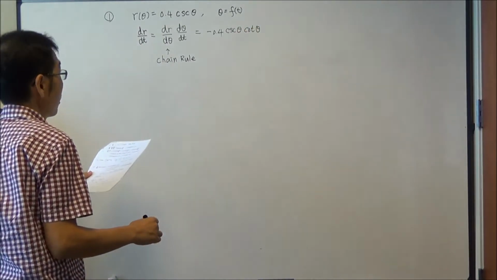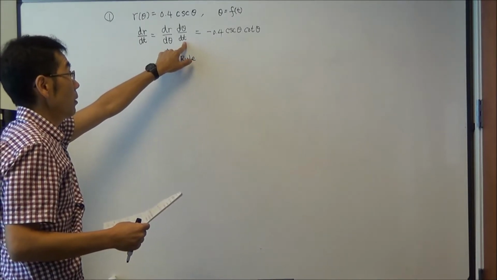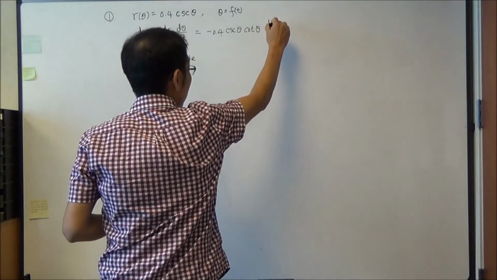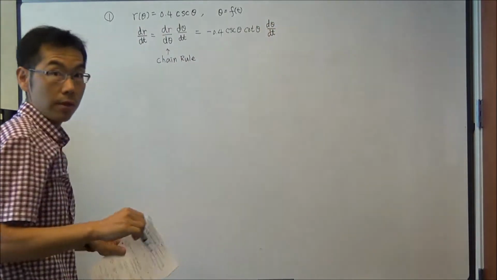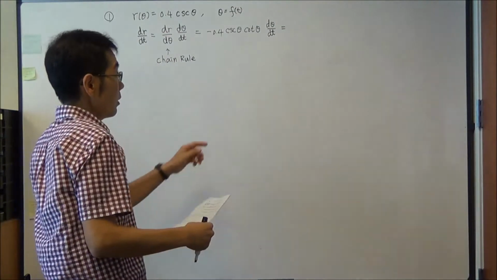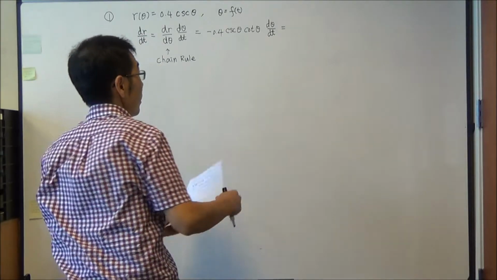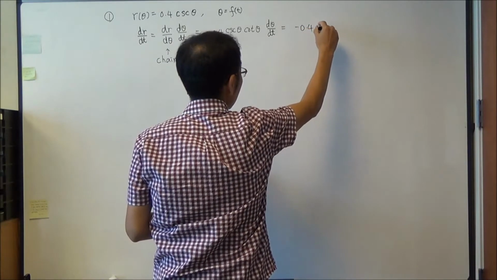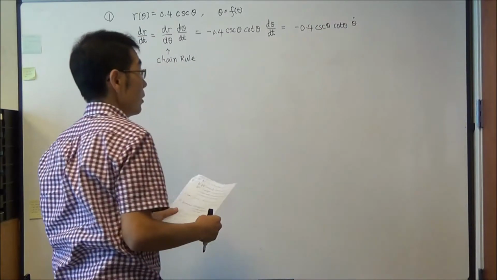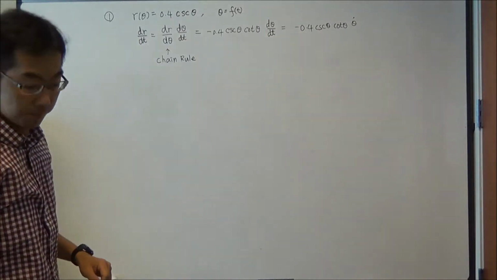Then we still do the time derivative for theta. So this one is d theta over dt. For simplicity, we just represent this one as theta dot, which is the same as d theta over dt. So this could be our answer.